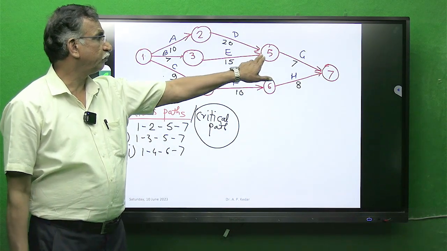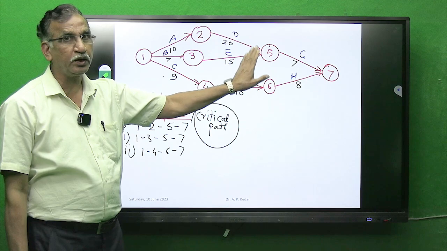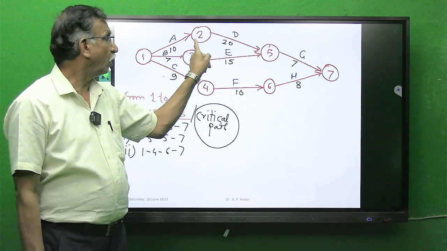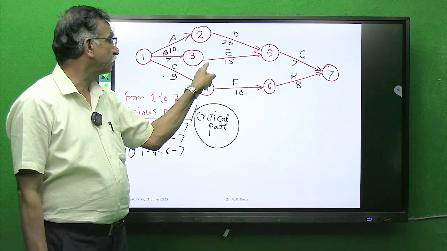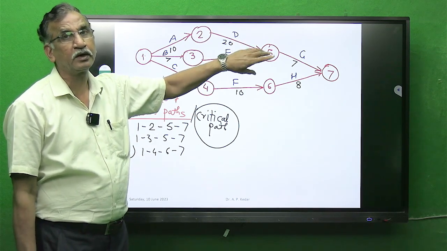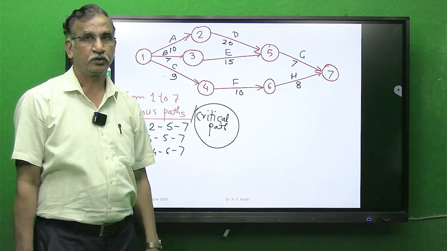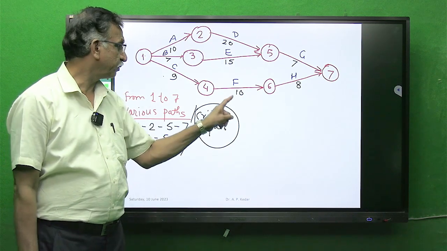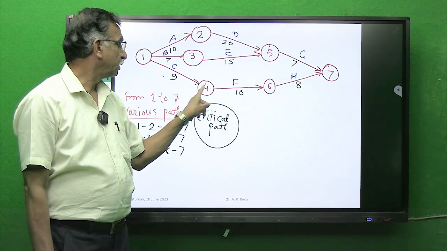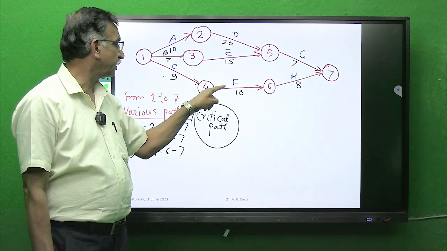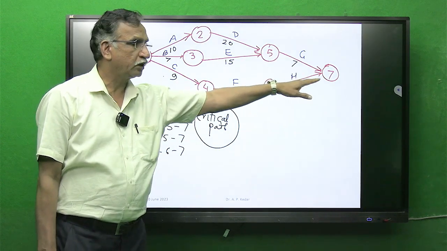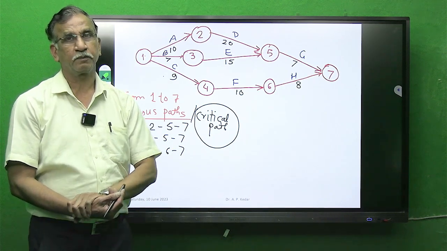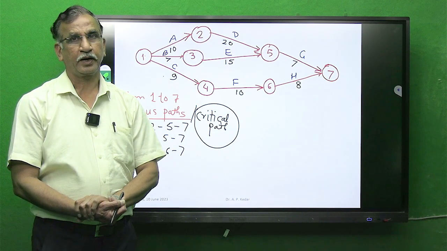This event will be assumed completed only if all activities terminating at that event are over. Then only you can start the subsequent activity. Same case over here, unless and until C is completed, F cannot start. And we know that the last event has only incoming activity arrows.